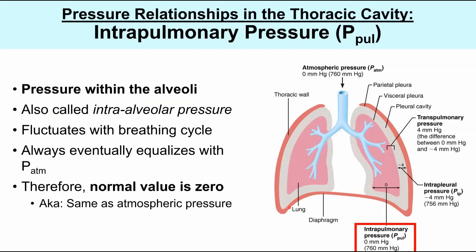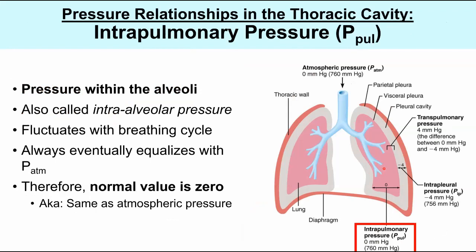So as I mentioned before, the intrapulmonary pressure is the pressure that's actually inside of the lungs. And this pressure is kind of dependent on where we're at in our breathing cycle because it's going to fluctuate. Sometimes that pressure is going to be negative relative to atmospheric pressure, and other times it's going to be positive relative to atmospheric pressure.